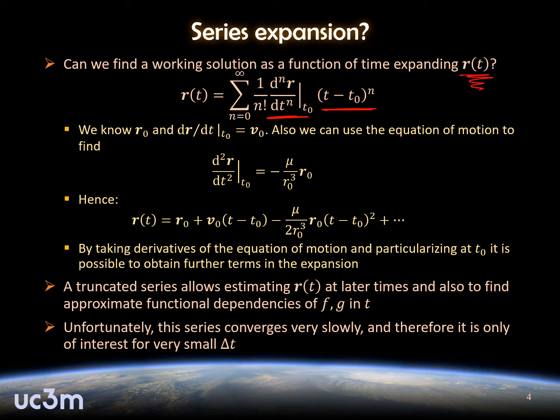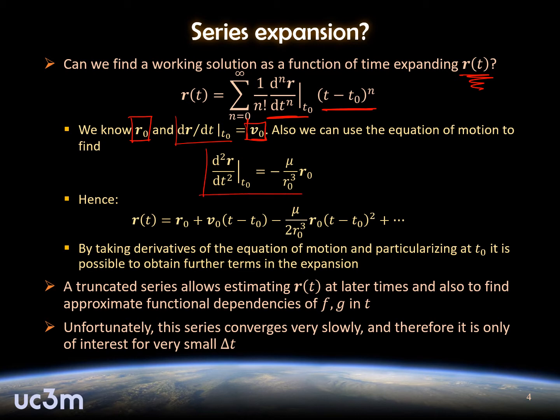The first terms of this series are quite straightforward to obtain. In particular, for n equals 0, we just have the initial position. For n equals 1, we have the first derivative of the position, which is the initial velocity at time equals 0. And the initial acceleration is also something that we can obtain quite easily.